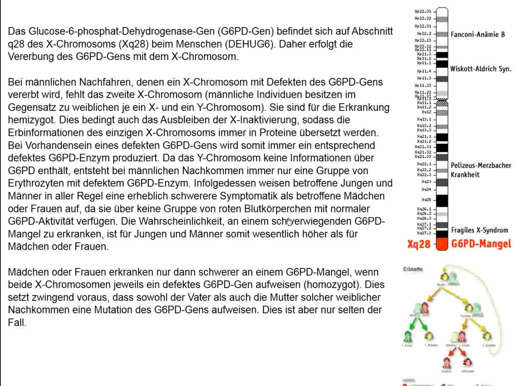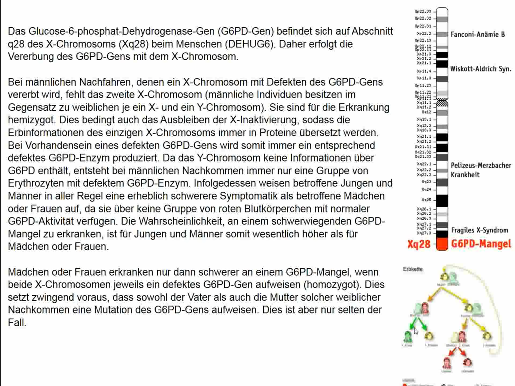Now, the gene for all this business is located on the X chromosome right next to the telomere. And that means that women that have 2 X chromosomes are only relatively G6PD deficient, unless they're homozygous, which is possible if their parents, one is a male that has G6PD deficiency, and the mother is a carrier, then they have a chance of being homozygous.